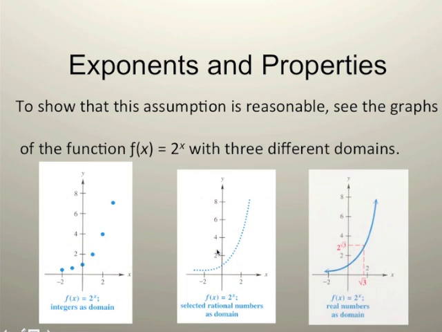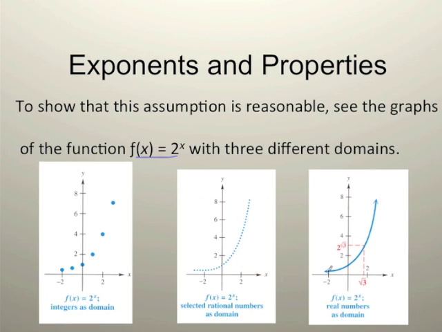To show this assumption is reasonable, we're looking at the graphs for the function f of x equals 2 to the x with different domains. Here the domain is the integers, and so we just have these points. Here, selected numbers from the domain, rational numbers. You notice it looks like the same curve, but it's filled in more.